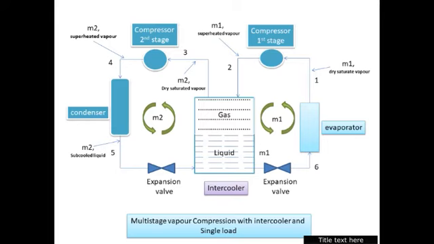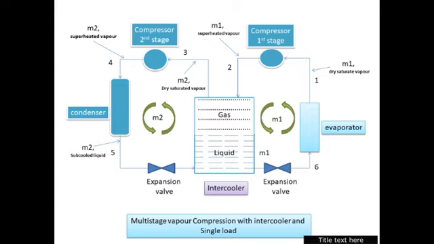After getting sufficient mass, the superheated vapor will convert into dry saturated vapor inside the intercooler. When the dry saturated vapor is ready for compression again, it will go from point 3 to 4 for second stage compression.